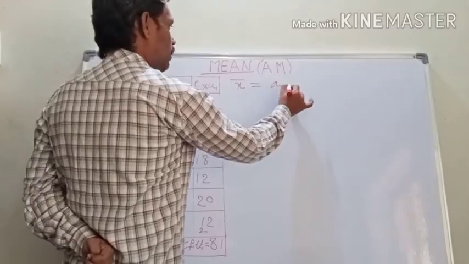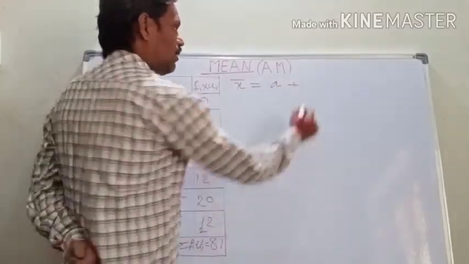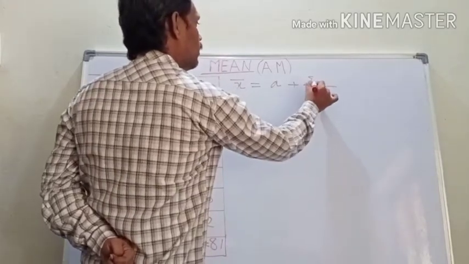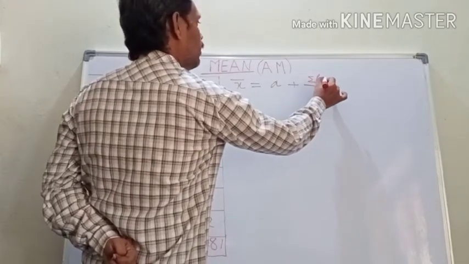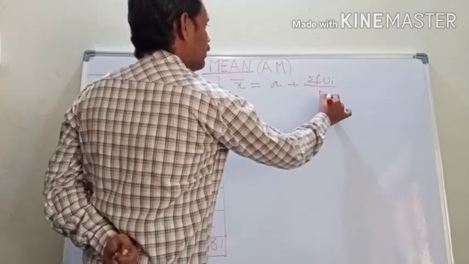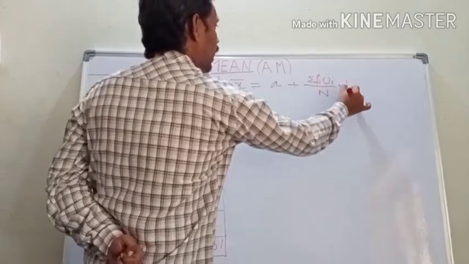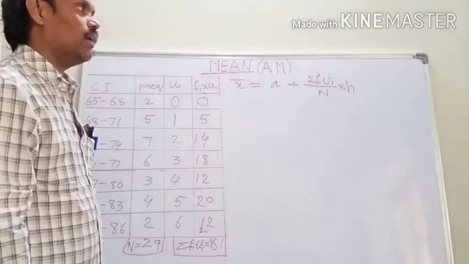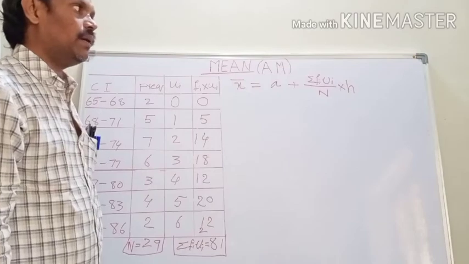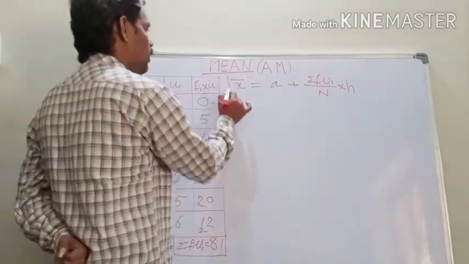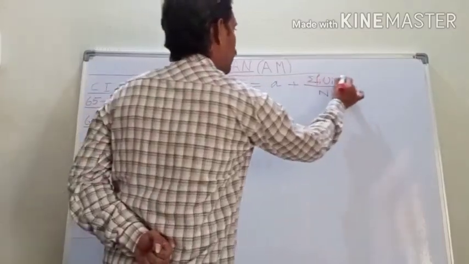A plus, then you write the remaining part: sigma fi into ui by n into h. A plus sigma fi into ui by n into h. So you put the formula in brackets. You have to highlight the formula.